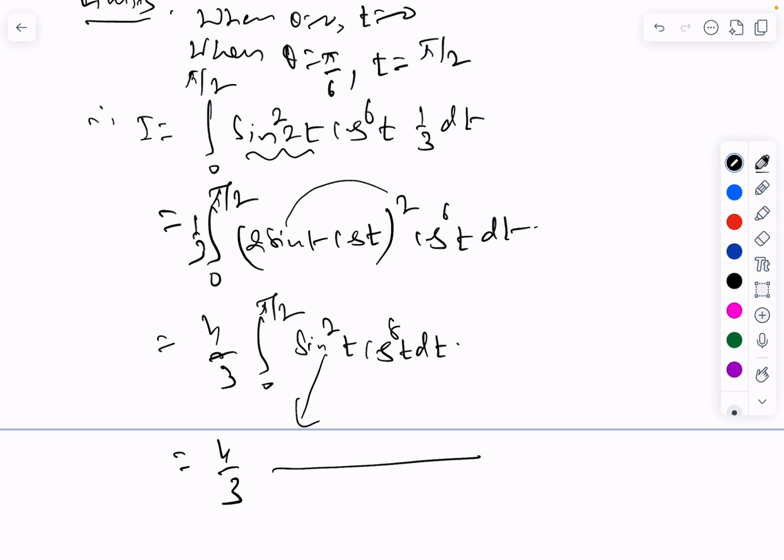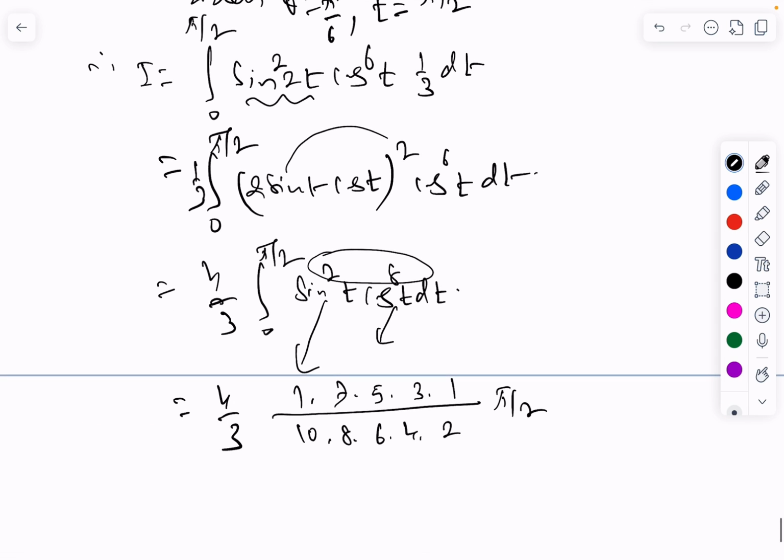Now this is 8 minus 1, 7, then 5, then 3, then 1. And the sum is 10, 8, 6, 4, 2. Because both are even, we write pi by 2. And then we just simplify.